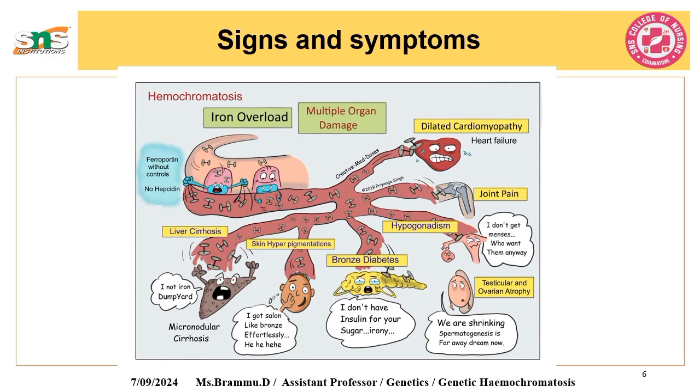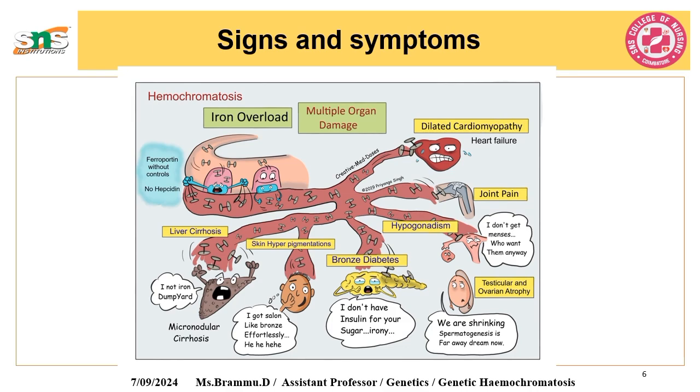So now we will go into the glimpses of the major signs and symptoms of hemochromatosis. Here you can see in the picture that due to the iron overload, all the organs are affected, starting from the liver, where the patient develops liver cirrhosis. If the target organ is the skin, the patient shows bronze pigmentation, which is skin hyperpigmentation.